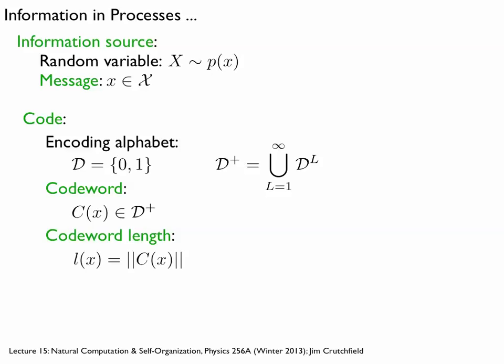Now, we're going to have a code. We want to translate this message into some sort of code. Typically, just for simplicity, we'll take a binary alphabet. But your choice as a communication engineer would be to adapt this to whatever channel you have. We'll just assume the channel deals with binary alphabets, typically.